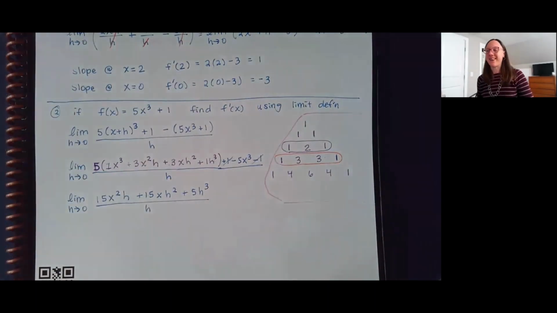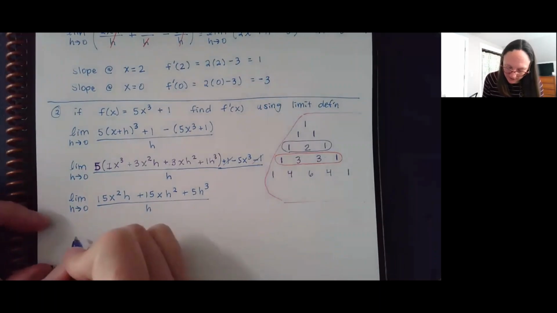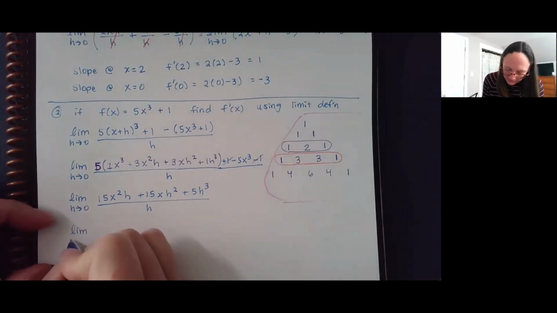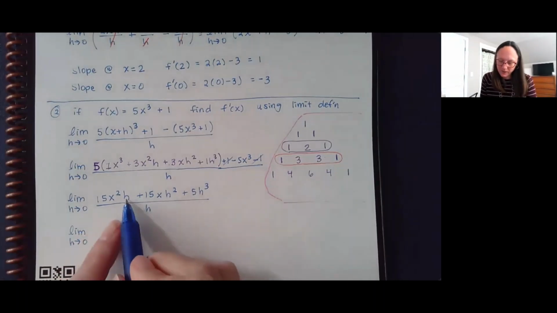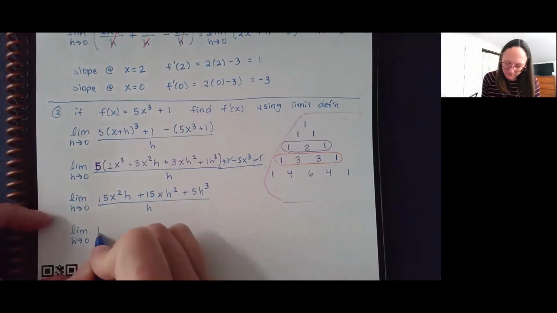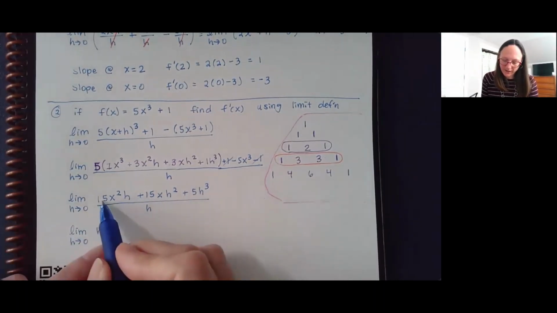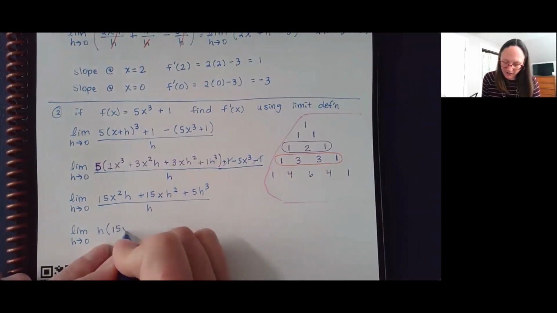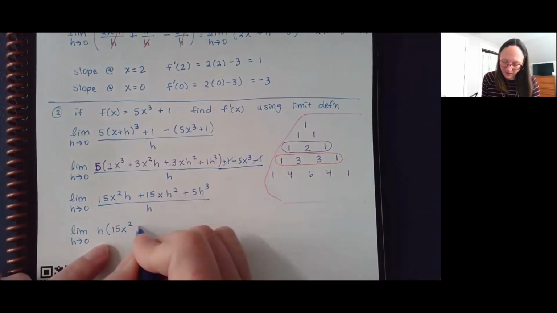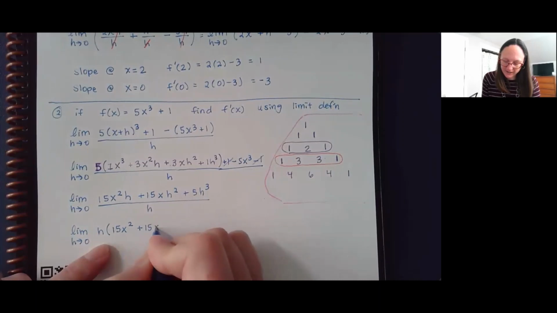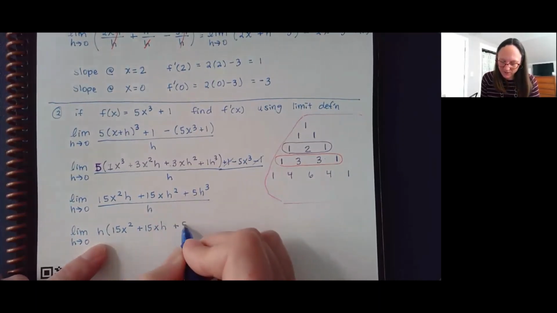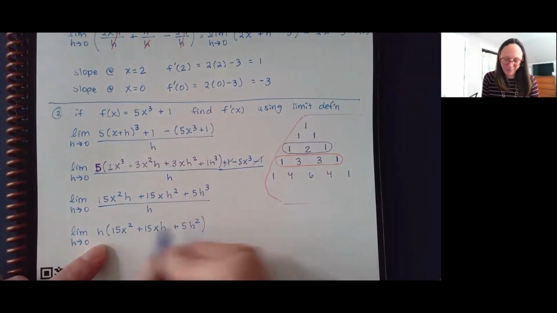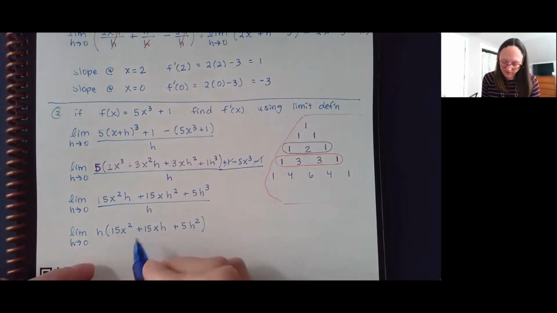Now the request this time was to show factoring out the h instead of breaking it up as separate fractions. So on the top, I've got an h in every term. If I pull that h out, I'm looking at 15x squared plus 15x h, because I only pulled out one of the h's, plus 5h squared, again, because I only pulled out one of the h's.